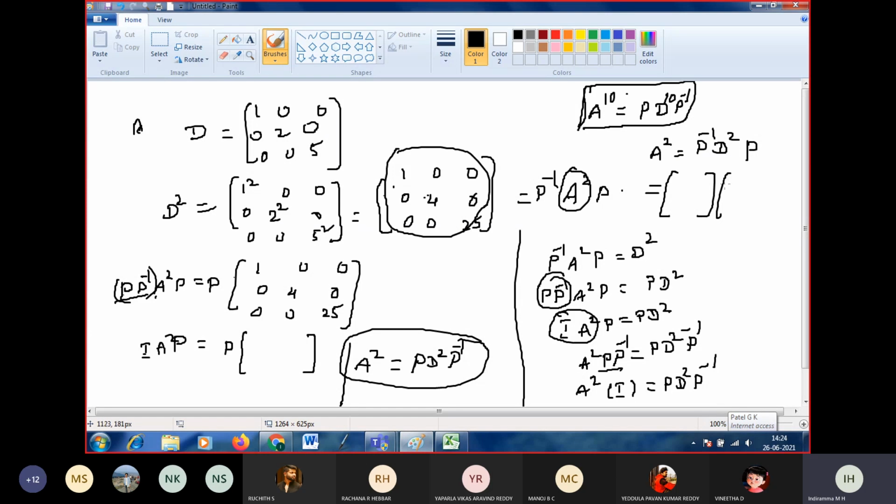D square we found as 1 0 0, 0 4 0 and 0 0 25. P also we know. If you multiply these three matrices, you will get the value of A square. Yesterday I already explained how we can multiply three matrices using your calculator.